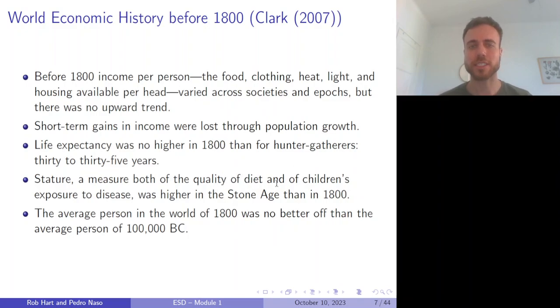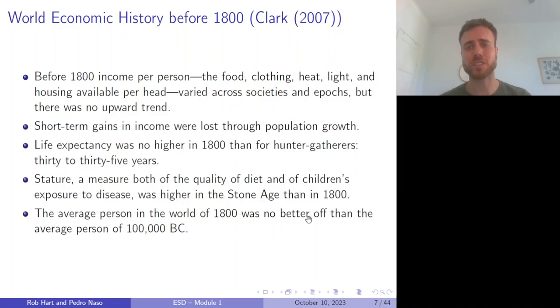In the Stone Age, it seems that health outcomes were better than in the 1800s, on the verge of the Industrial Revolution. And this has to do with the way property was organized in the Stone Age, with collective property rights and more potent safety nets for everyone.